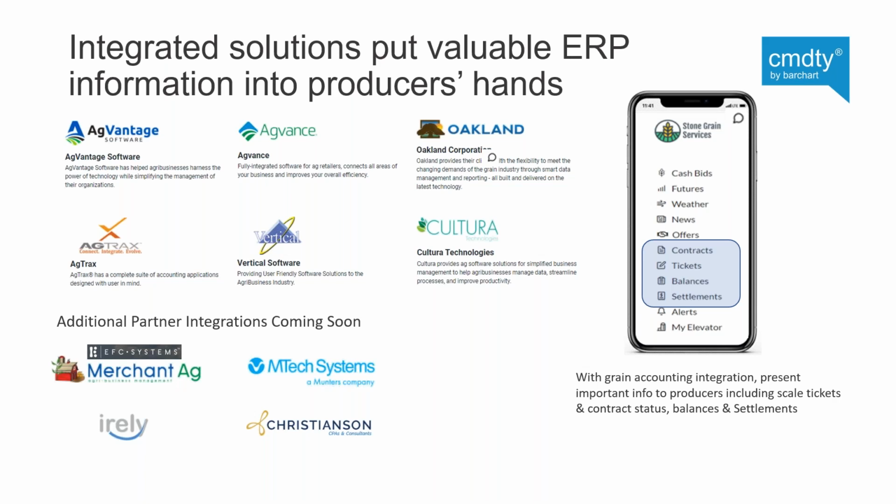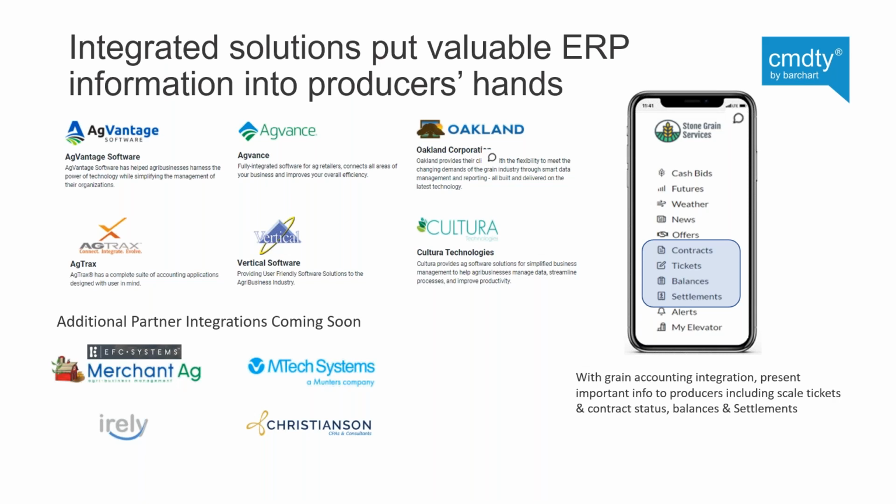And then on the very near-term horizon is e-sign as well. So essentially, a producer will be able to create an offer and send that offer to the merchandiser. The merchandiser can accept and manage that offer right within Commodity View. When the market moves and that offer comes in the money, the merchandiser can accept that offer as a contract. That contract gets pushed down to the ERP system.